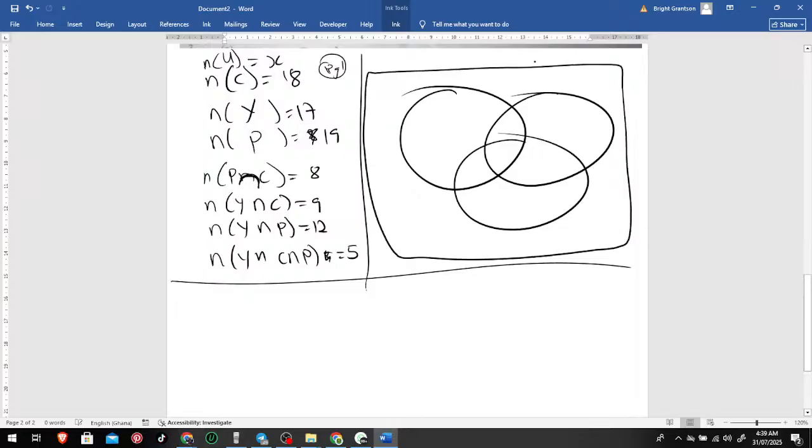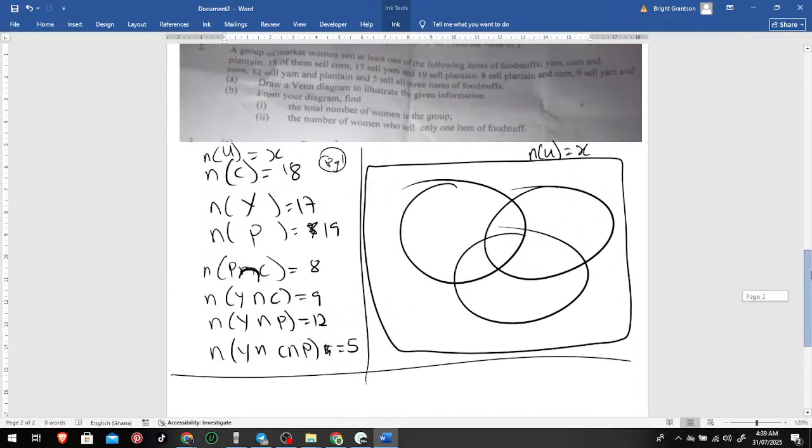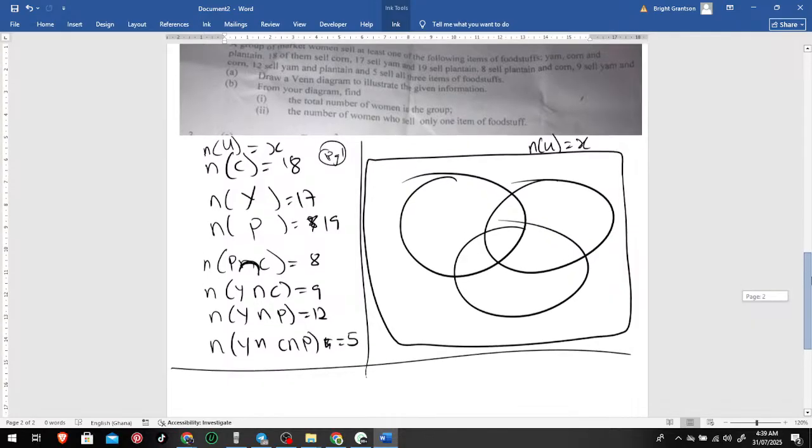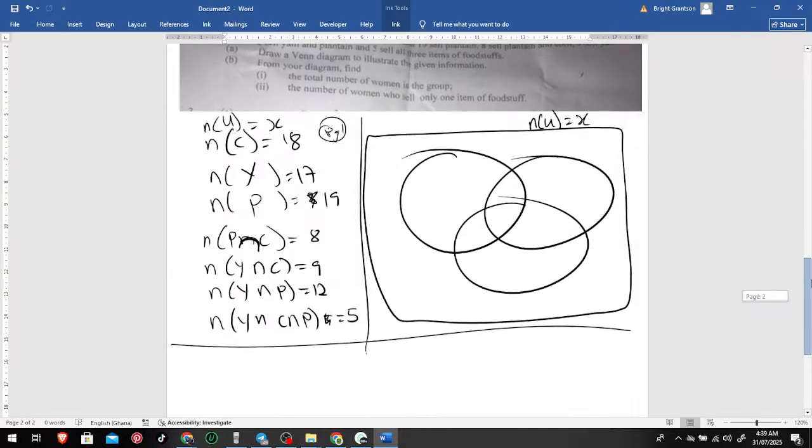My list is not nice, but make sure you draw your own nicely. We don't know the number of the universal set because that's what the question is asking us: find the total number of women in the group, and find the number of women who sell only one food item.